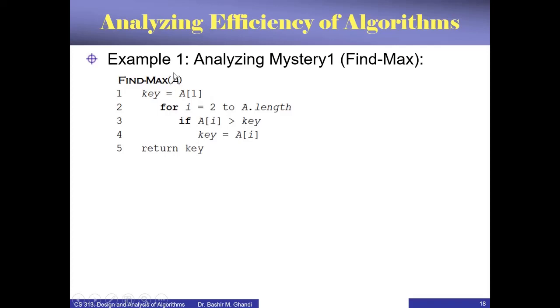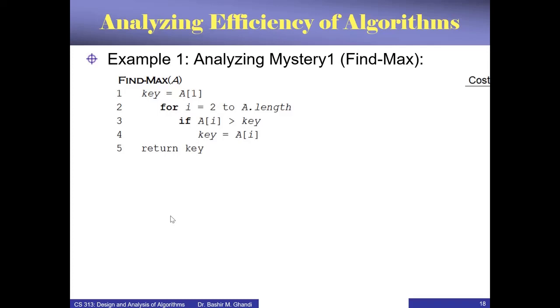It takes an array A and it returns the maximum element in that array. So the question is, if you are to analyze the efficiency of this algorithm, assuming it will run on our RAM computer, how are you going to do it?